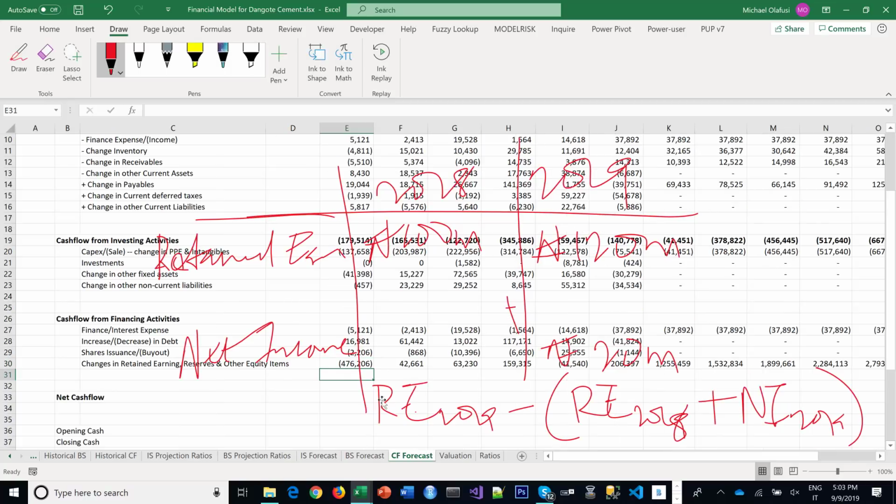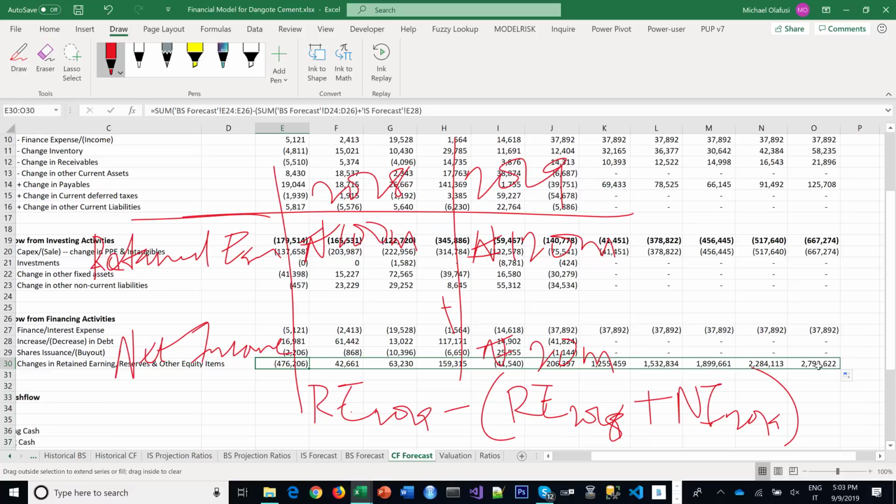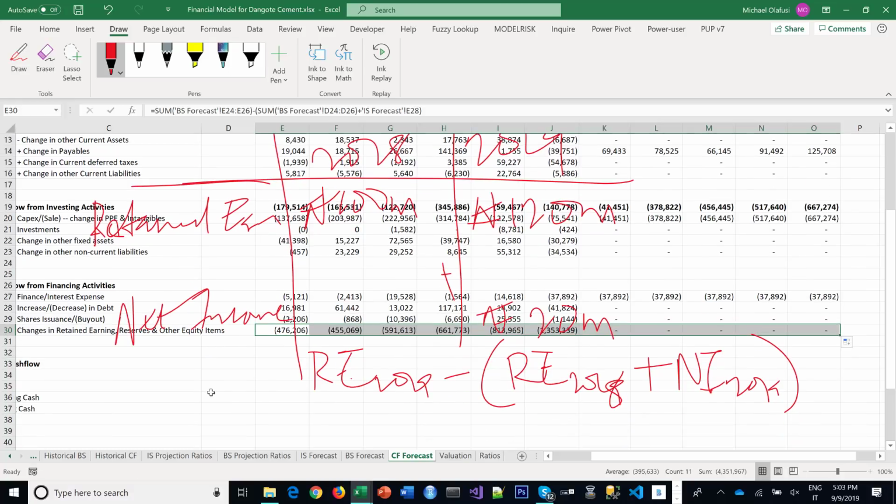So that's the correct way. So that is it.